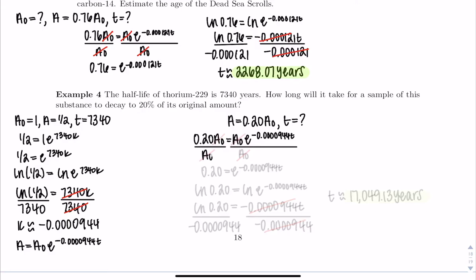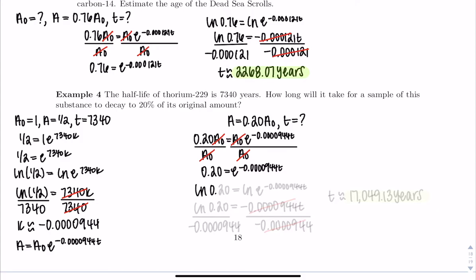And so we're going to divide both sides by A naught. You get 0.2 equals e to the negative 0.000944t.